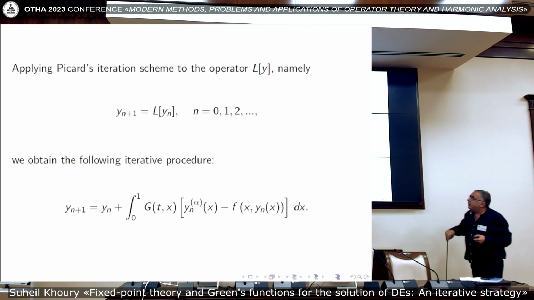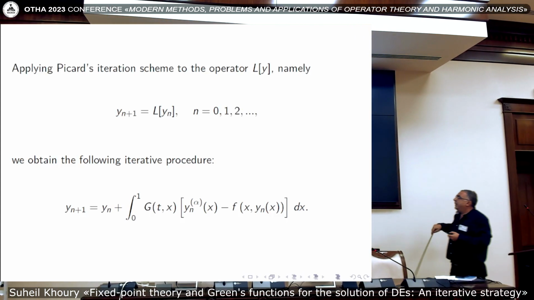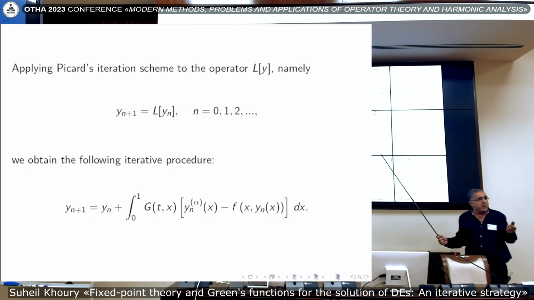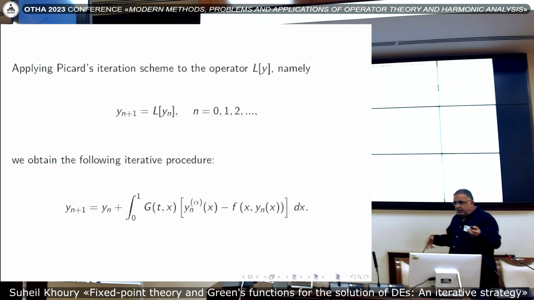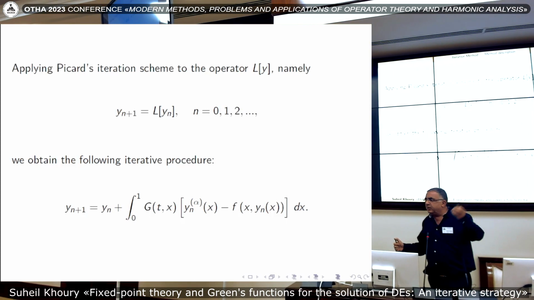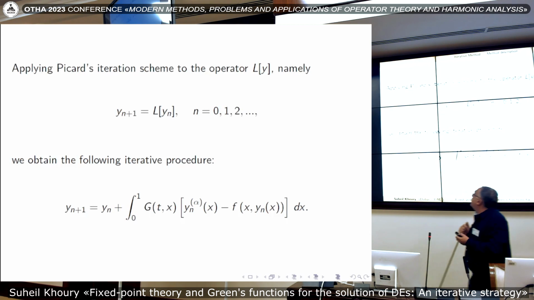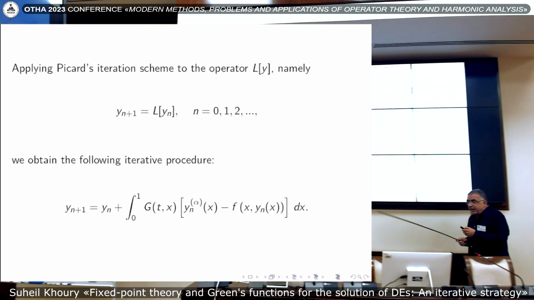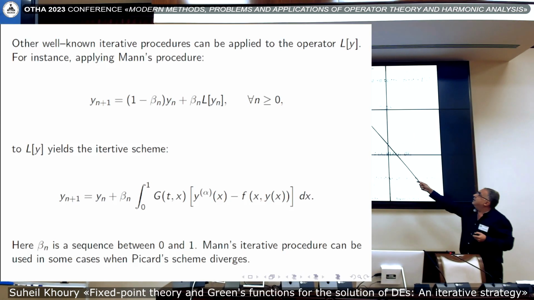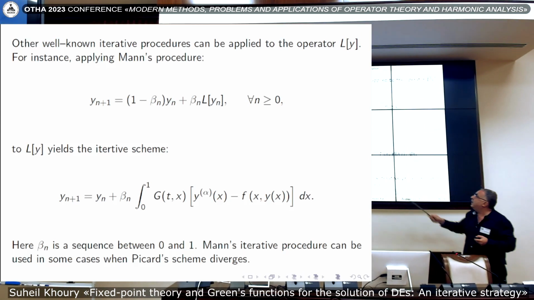Of course, for my students, they have to do integration. Sometimes the integration is not possible, but there are many numerical integration methods, Simpson's rule, trapezoidal rules, and so on. So they have to handle this one. So this is Picard. Amazingly, Mann's iteration, this one, where beta n is a sequence.